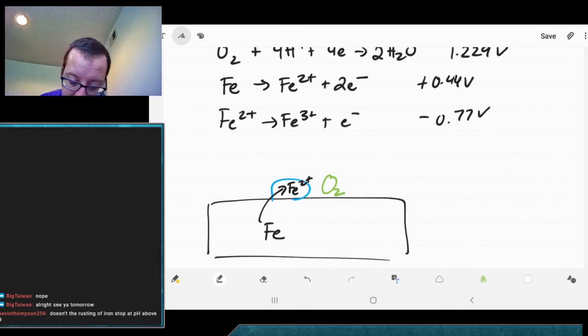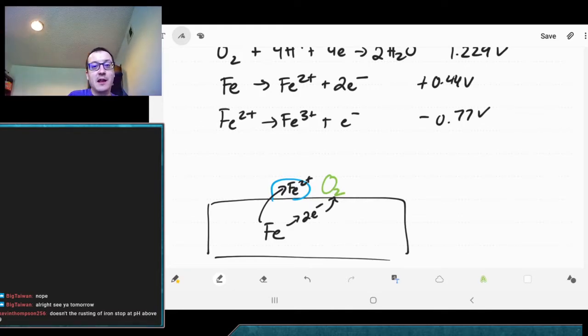We have the electrons from that. The 2 electrons can go into the oxygen, right? So iron, of course, is a conductive material, so it does have the ability to move electrons around.